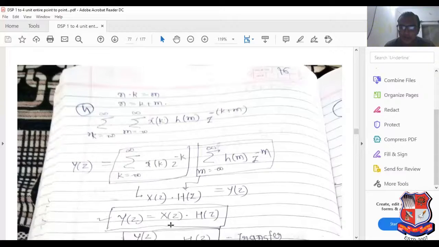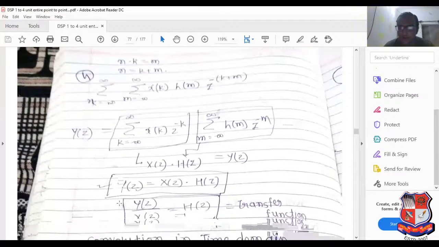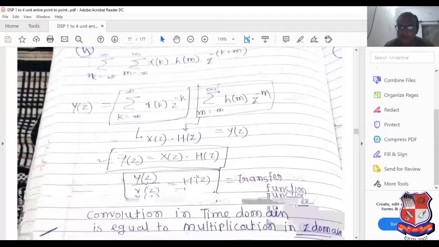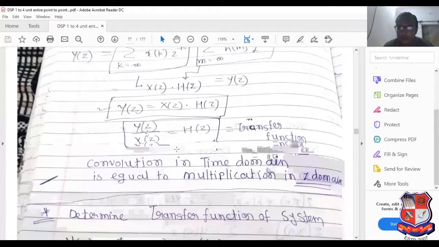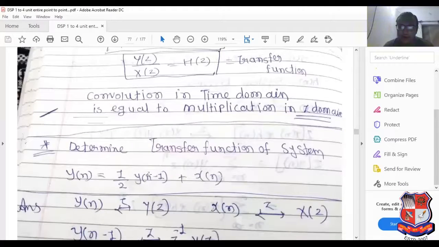So X of z into H of z equal to Y of z. So Y of z by X of z equal to H of z, which is the transfer function. So convolution in the time domain is equal to multiplication in the z domain or frequency domain. This is the property of convolution, and it is the last portion related to the convolution property.